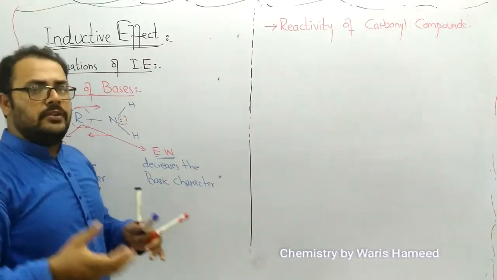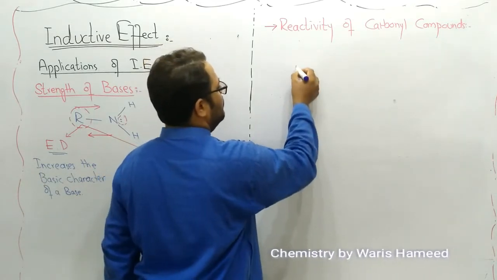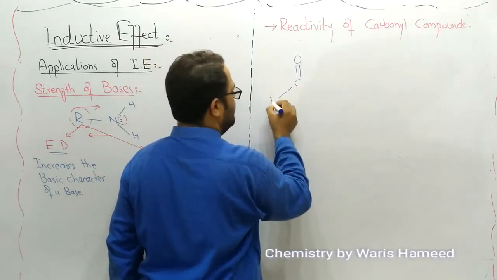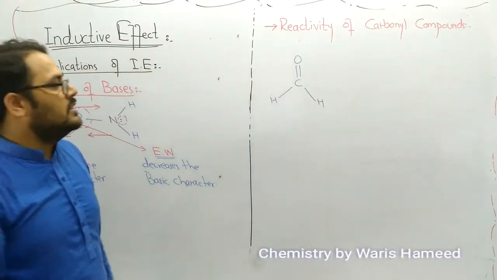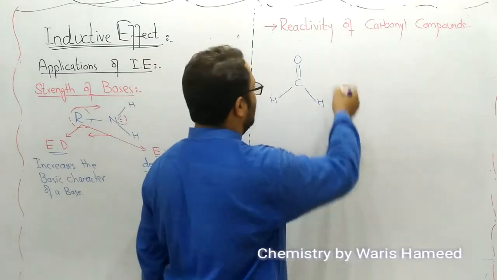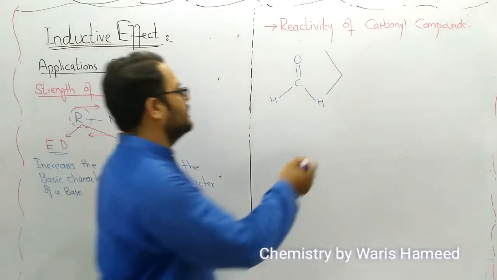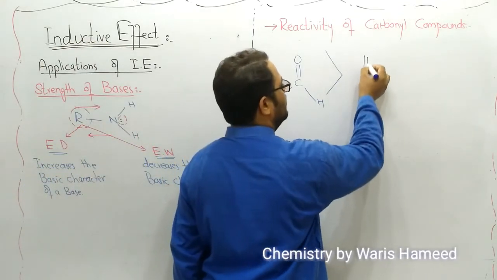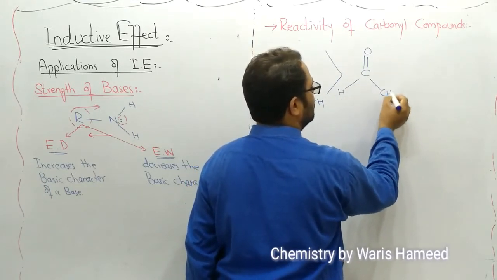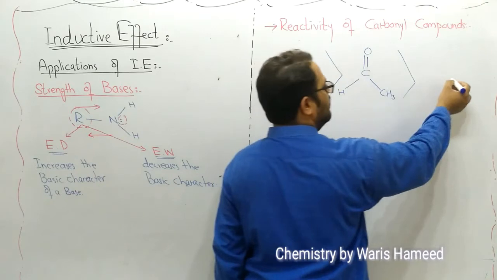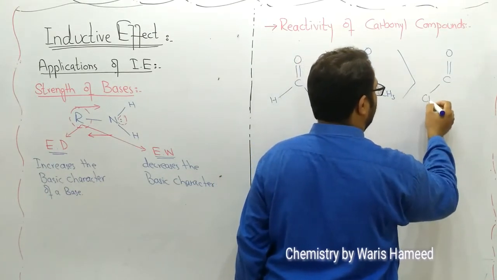I am trying to explain it with the help of an example. Here is formaldehyde, and formaldehyde is the most reactive among carbonyl compounds. It is the most reactive species. Here is acetaldehyde, and the last one that I am going to write is acetone.